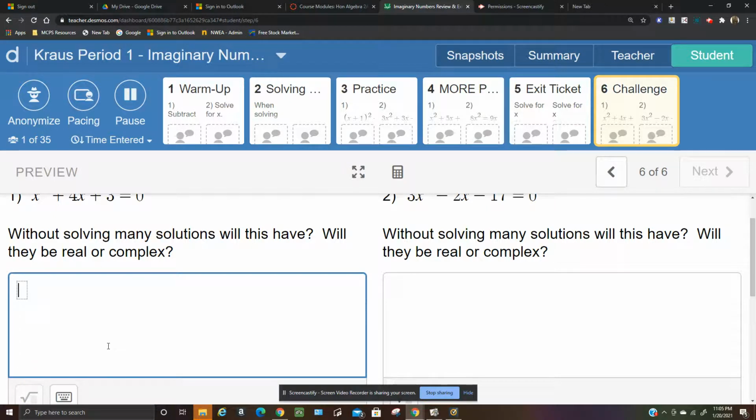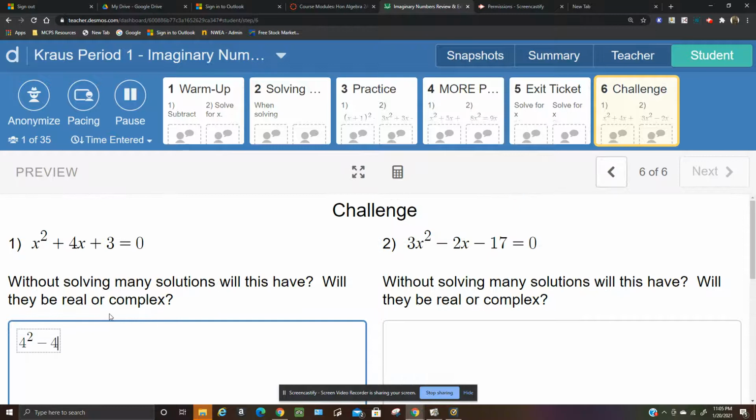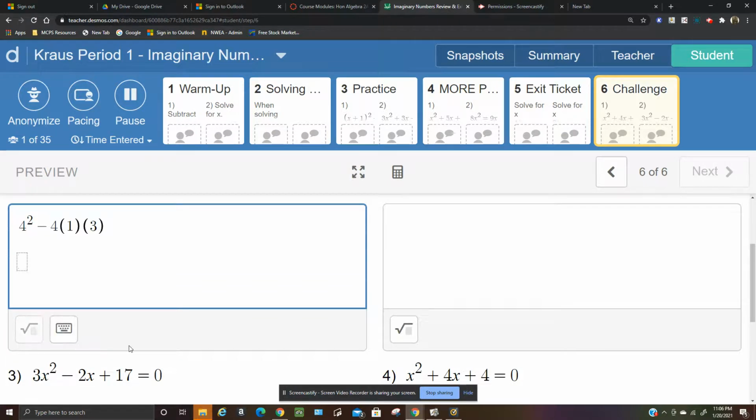So you can do b squared minus 4ac, so 4 squared minus 4 times 1 times 3. So 16 minus 12 equals 4. Two.